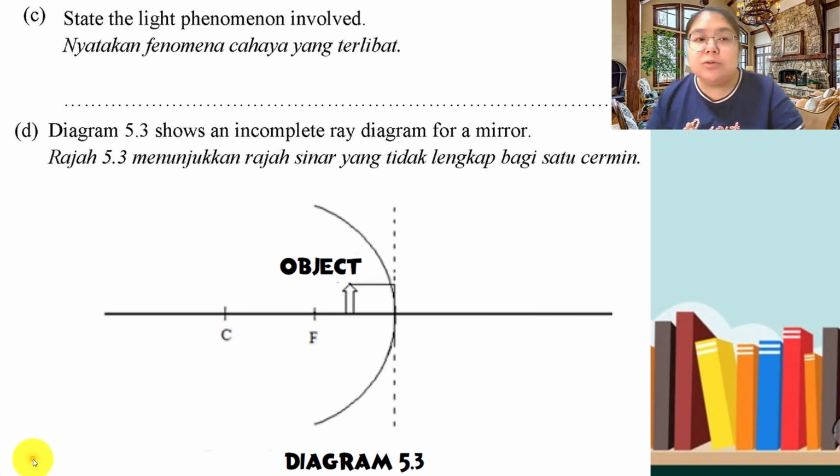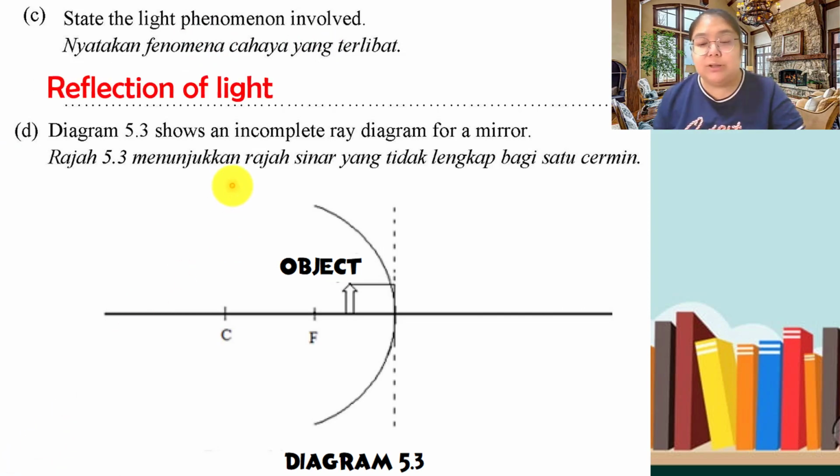Then we go to question C. They ask about the light phenomenon involved. For a mirror, there is just one: reflection of light. Now 5.3 shows an incomplete diagram. Again, the question repeats. You need to draw.